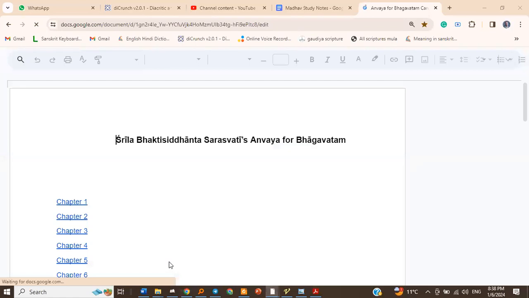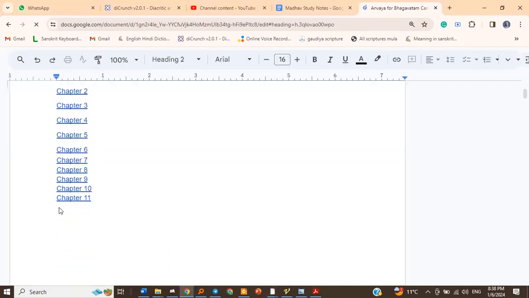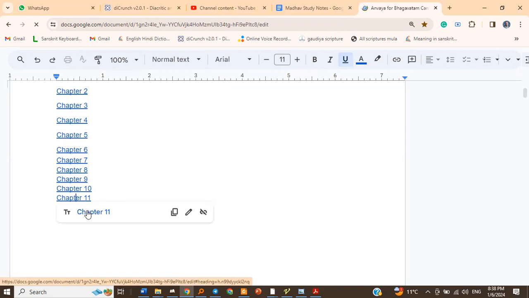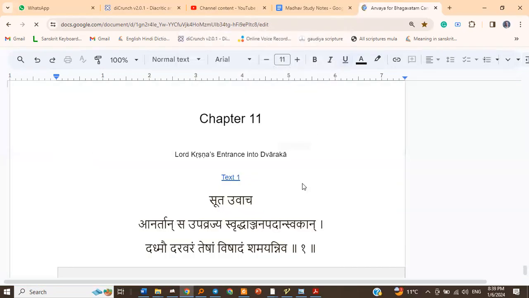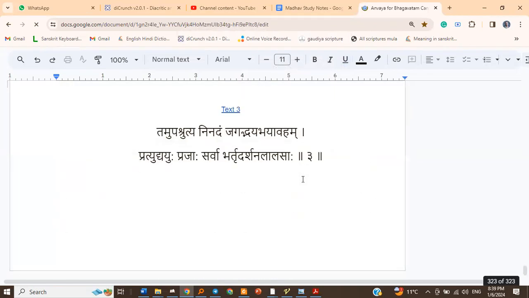So Srimad Bhagavatam, Canto 1, Chapter 11, text. Which shloka?